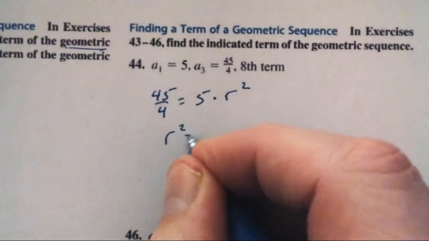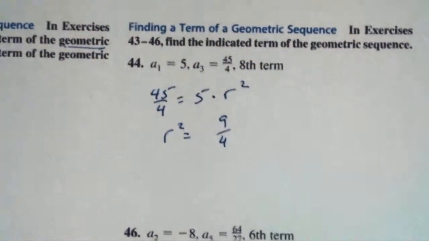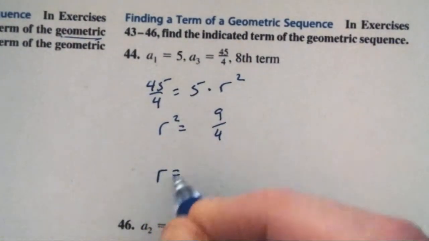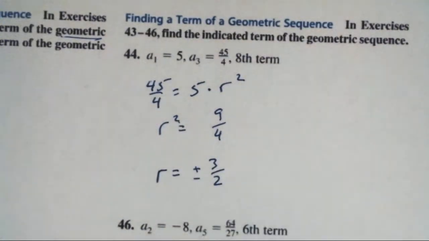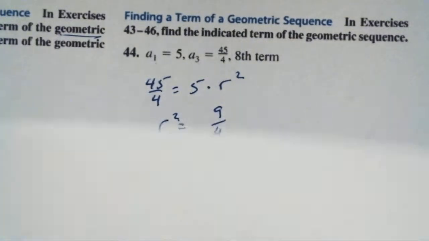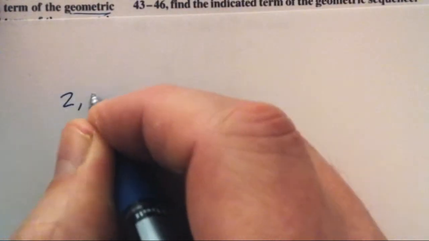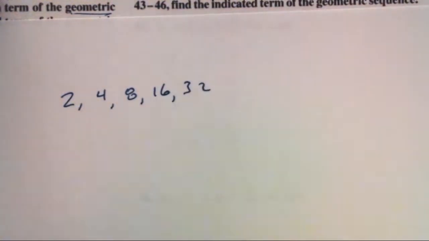So we get r squared equals, divide by 5, 9/4, and it's really tempting to say r equals 3/2, but that's the plus or minus square root of, and it matters. It might be a little bit of a surprise to you that that matters, but I want to show you this. Here is a real simple geometric sequence. 2, 4, 8, 16, 32.